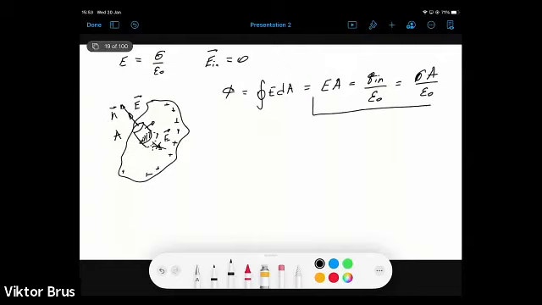So from here, we can write that the electric field next to such a conductor under electrostatic equilibrium conditions is equal to sigma divided by epsilon 0. So we don't have these two in the denominator, and that's the way we explain the third condition for the electrostatic equilibrium of a conductor.